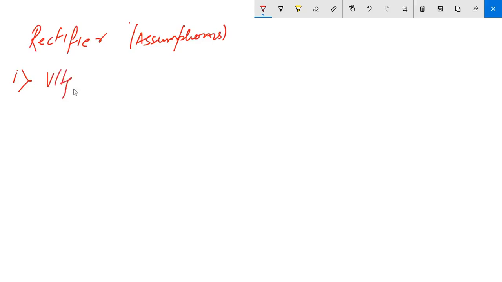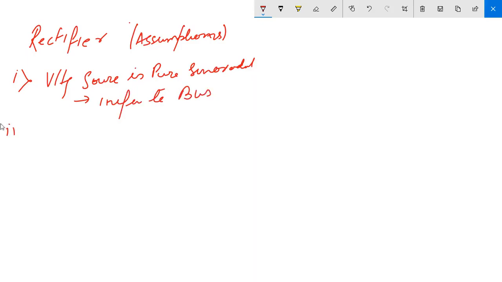Pure sinusoidal means we are feeding the supply directly from the infinite bus.